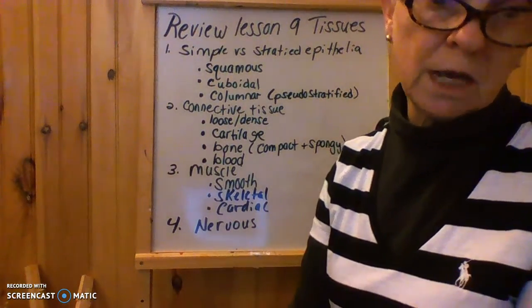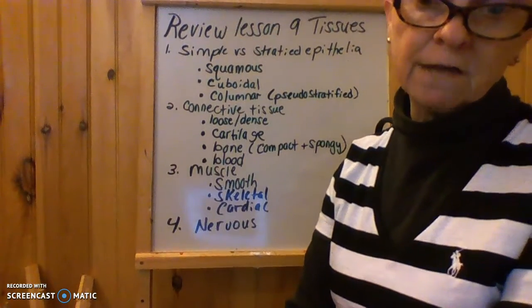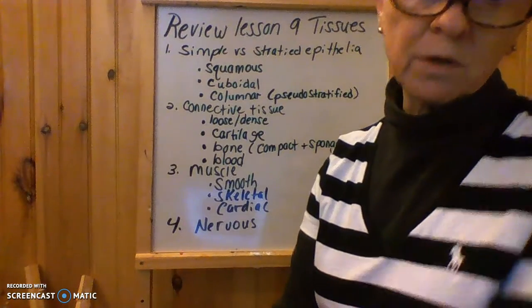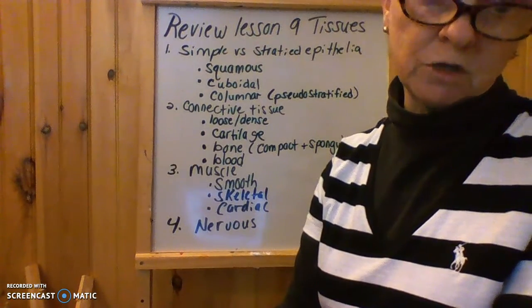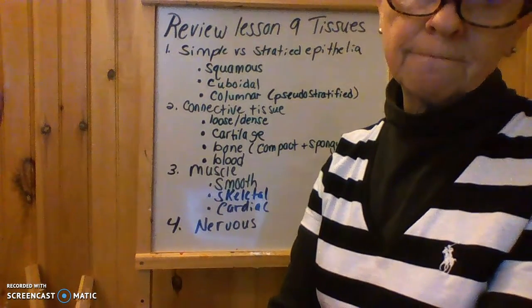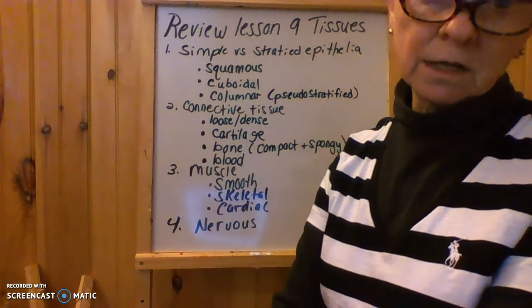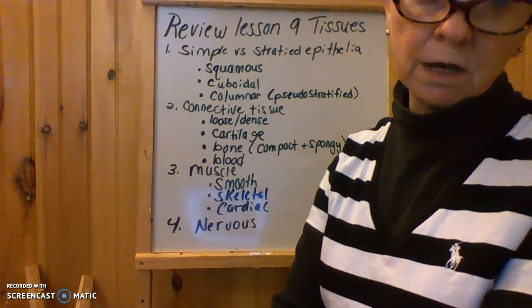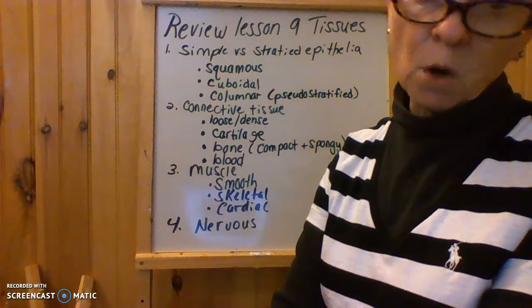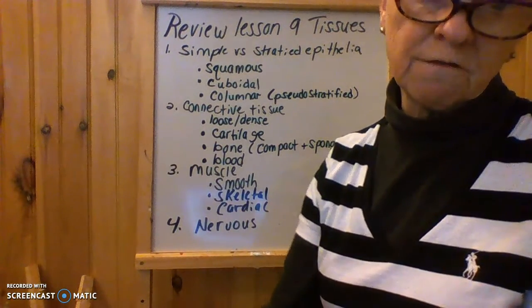I would expect you to be able to identify, if I have pictures of squamous, cuboidal, or columnar, I would expect you to be able to identify those pictures. I would expect you to be able to also identify very basic types of connective tissue pictures, again, from your lab lesson number 8. Blood and bone are 2 that are very easy to identify.